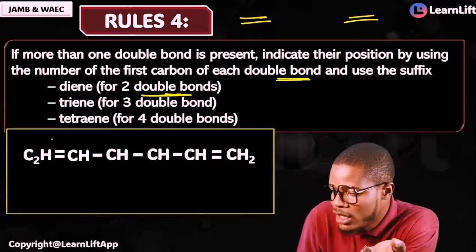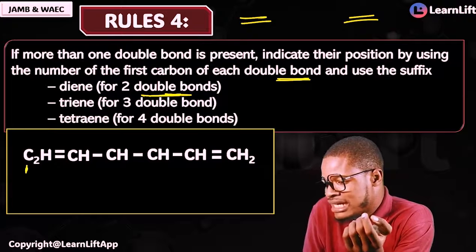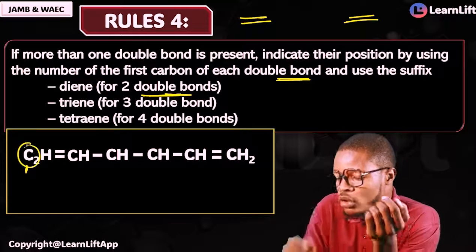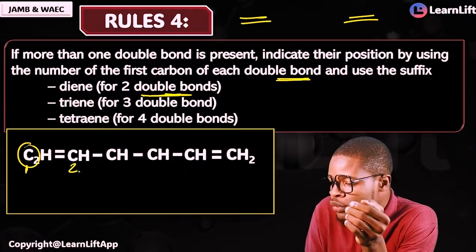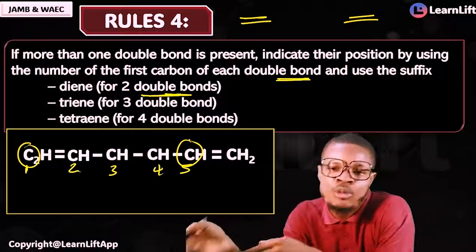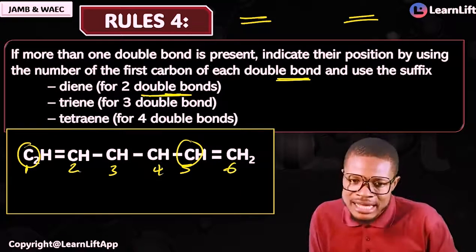Okay, look at this compound now. If you like, start from here, carbon 1, after carbon 1 is a double bond here. Come and start from this other side, carbon 1 still has the double bond, so you can count from anywhere. So 1, there is a double bond on carbon 1, 2, 3, 4, 5. 5 owns another double bond. The carbon before the double bond owns the double bond. And then here is 6. What's the name?